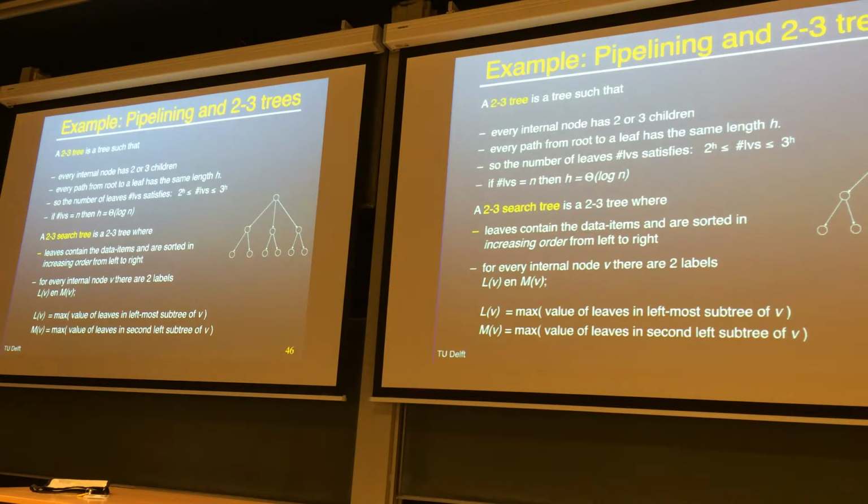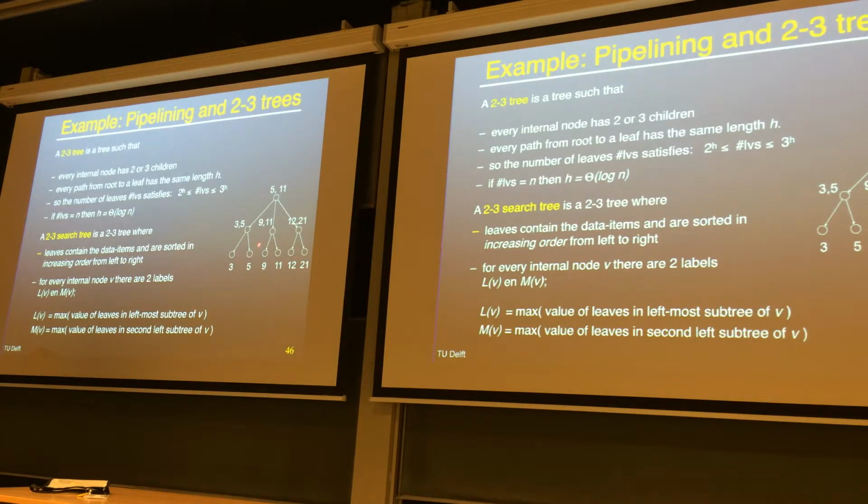So to give you a simple example, suppose that here we have the data elements 3, 5, 9, 11, 12, and 21. Then 3, 5 would be the label of the left and the label of the middle. 9, 11 here for left and middle, and 12 and 21 for left and middle, and here 5, 11 also for left and middle.